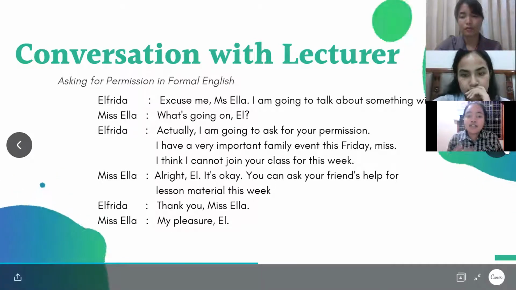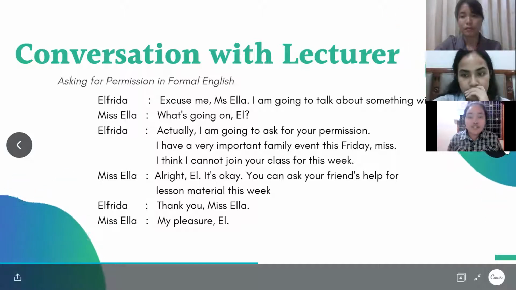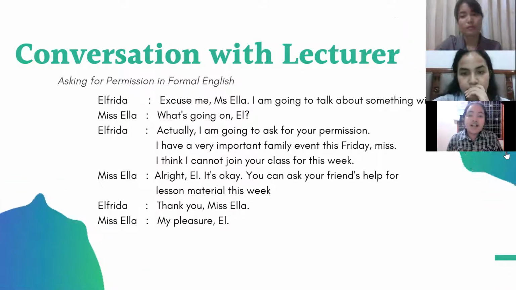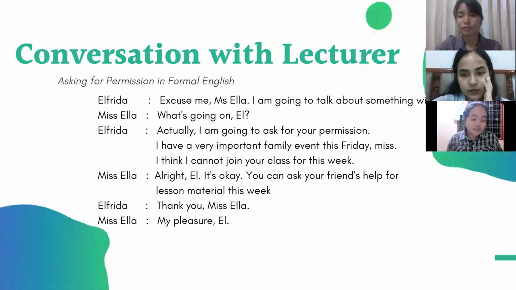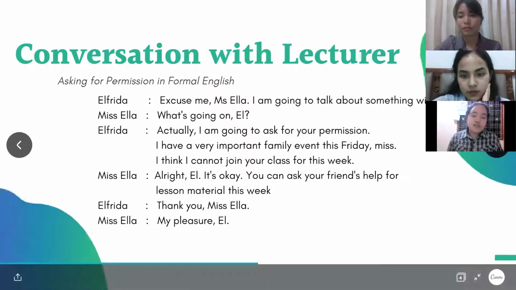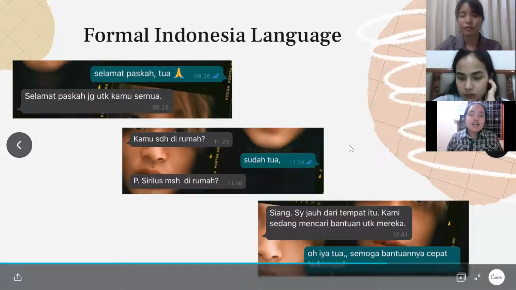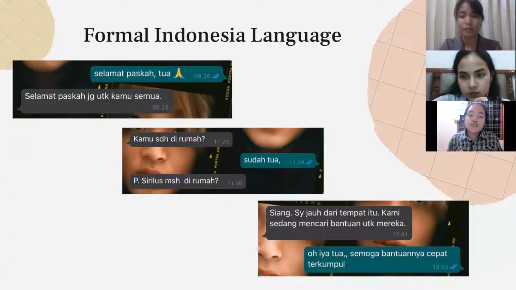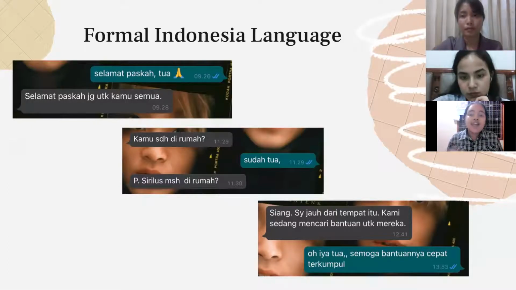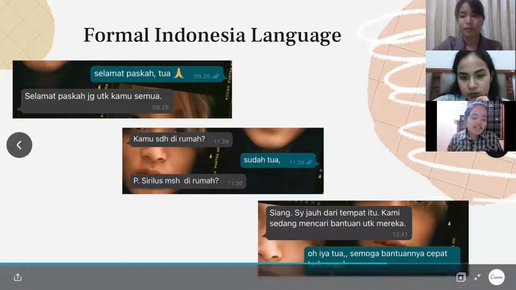And why do I use English? Because I am a student of the English department and I have to use English for my learning purposes. And also with my uncle, he is a father or romo in Indonesia.